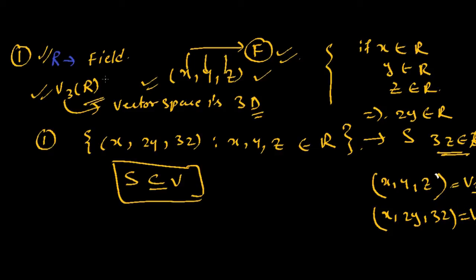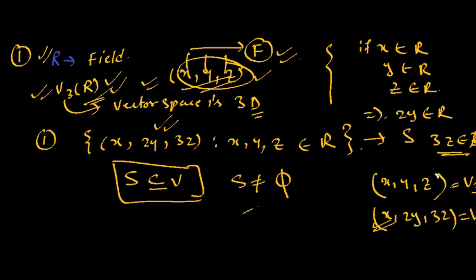And we already know that our V3 is just a vector space of 3 dimensions, no further condition. These are the arbitrary elements. So if they are in V3, then this will also be in V3. That means that our S is a subset of V, and S is not empty.